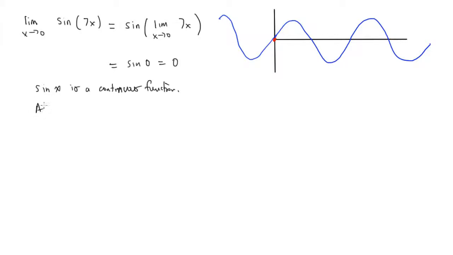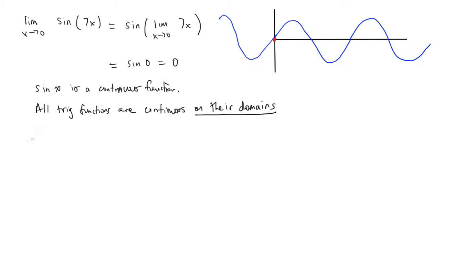So all trig functions are continuous on their domains. And that part's really important because, say, something like tangent, it's not even defined at x equals pi halves, and so it can't possibly be continuous. But anywhere they're defined, you can always do this sort of trick.